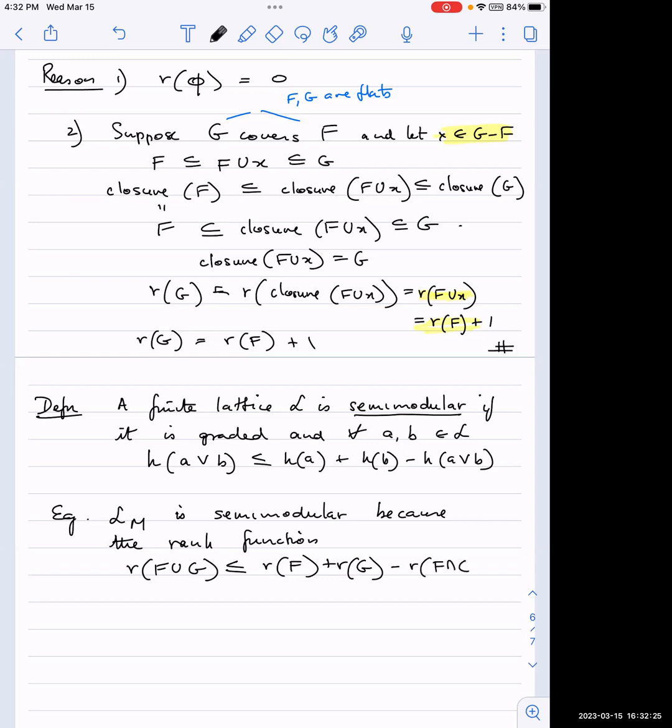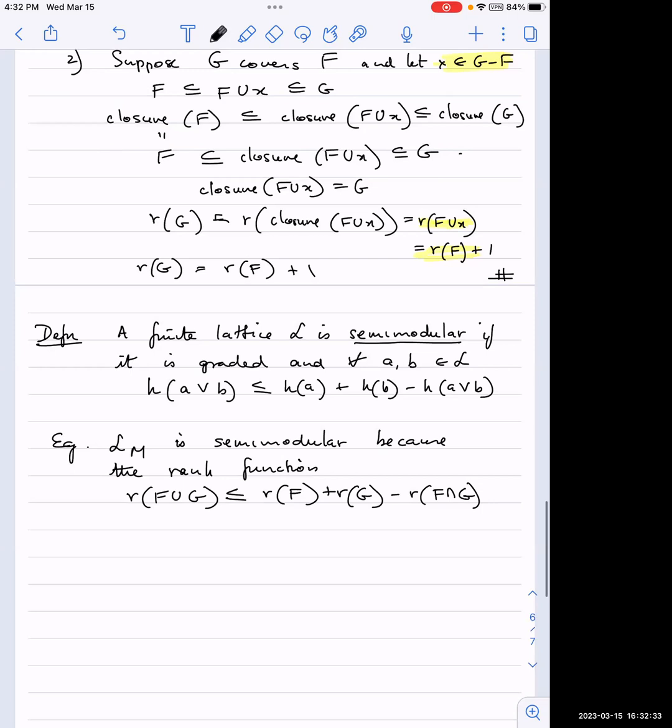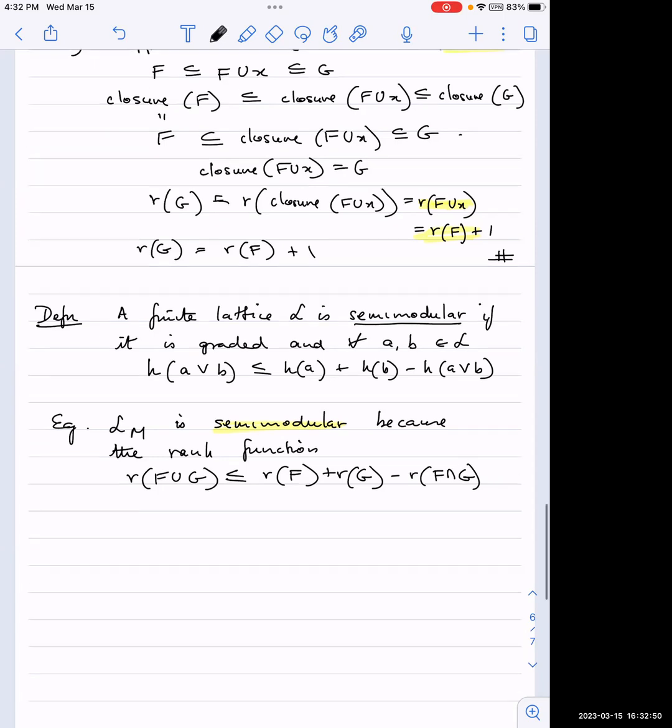In fact, that's the rank axioms. The rank function has to satisfy this. That's what makes it semi-modular. And actually, I'm hoping that when we go through this, the reason for some of those axioms becomes clearer. As in, why did we have the rank function semi-modular? Well, it lines up over here.